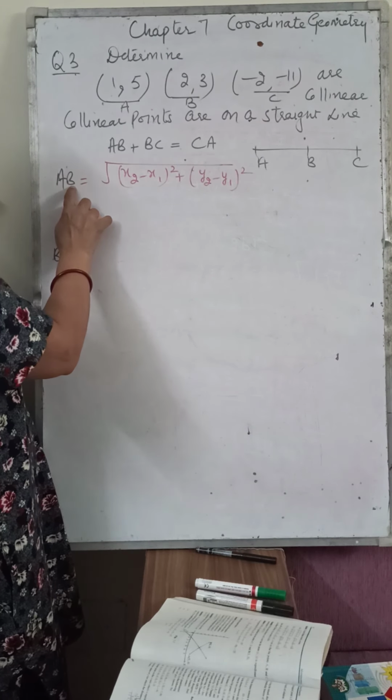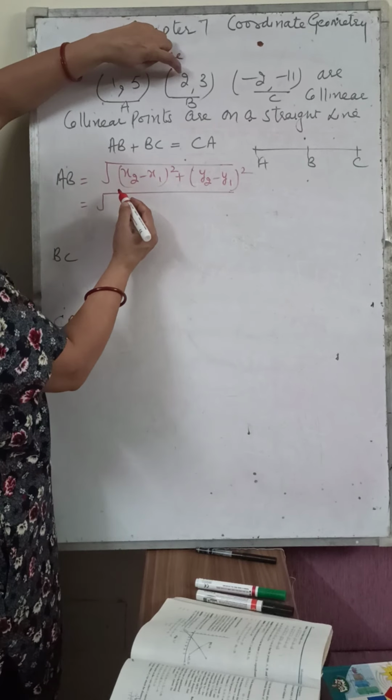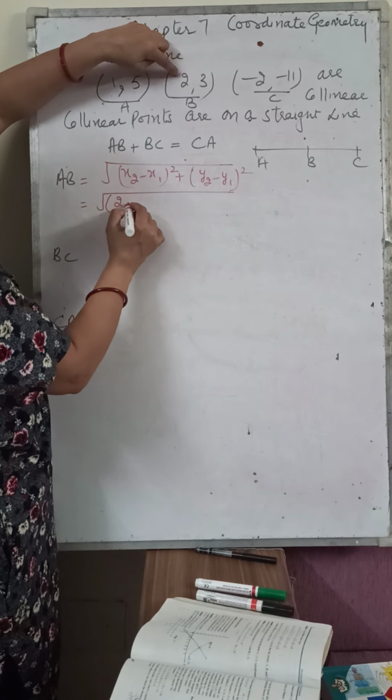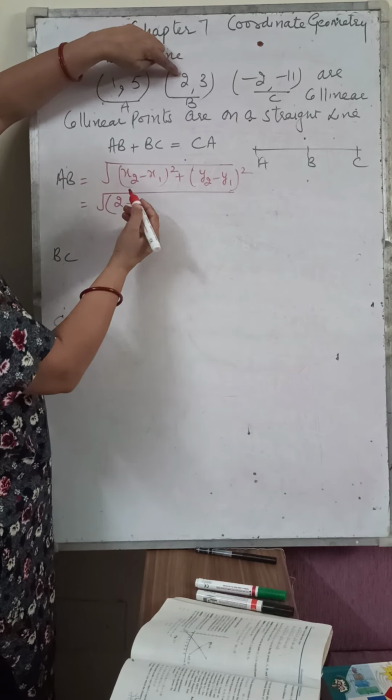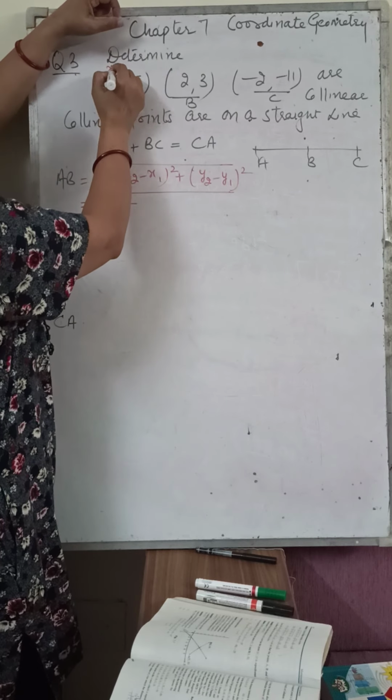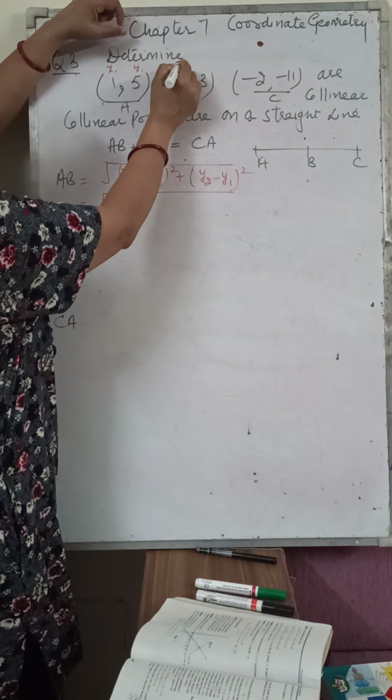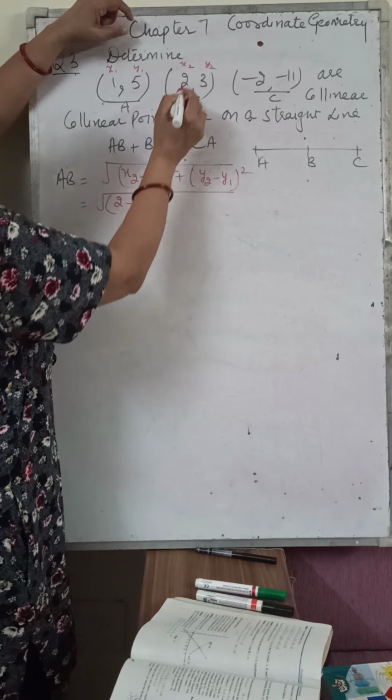Take B coordinates x2, y2 and A coordinates x1, y1. So now tell me, what is x2, the B coordinate? 2 minus x1.